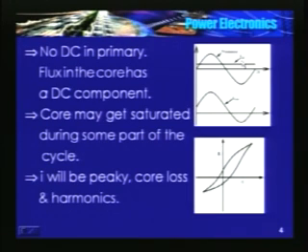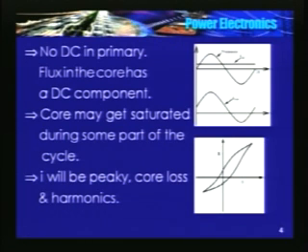As the value of DC flux increases, the value of the DC flux may be equal to the peak value of this flux. So it may so happen that it may not even come down to negative, and in that case the core may saturate. What happens if the core saturates?